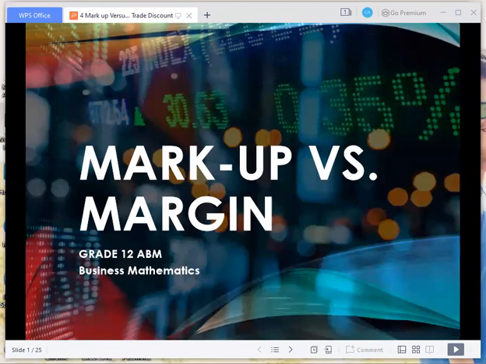So when we talk about markup, it focuses on the profit and the expenses of a certain product. Again, markup covers the expenses, that is for the rent, for electricity and other expenses covered on that certain product, plus the profit, that is for the markup.